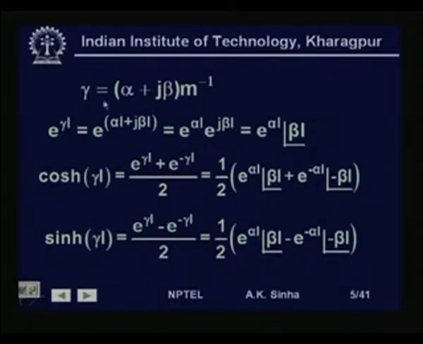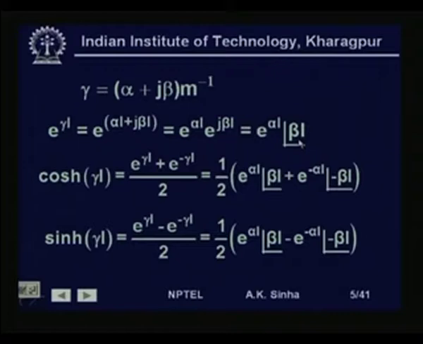Now, if we write e to the power gamma L, this will be equal to e to the power alpha L plus j beta L, which is equal to e to the power alpha L into e to the power j beta L. This we can write as e to the power alpha L angle beta L.